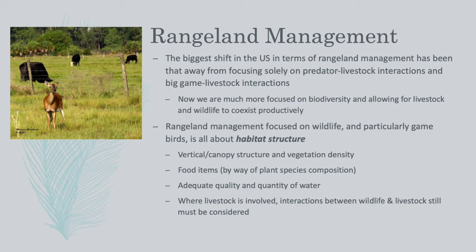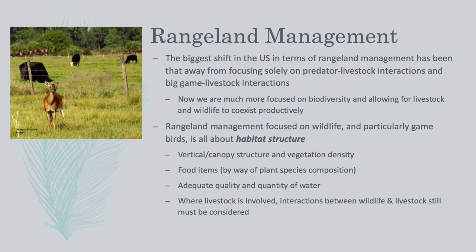So rangeland management is focused a lot on wildlife as well as those other things that I mentioned, the soil and water and all that good stuff. And particularly game birds. The rangeland management focuses all on habitat structure. And we've talked about this several times throughout this class.